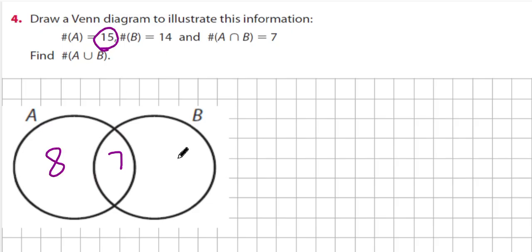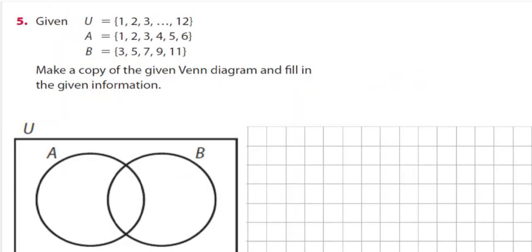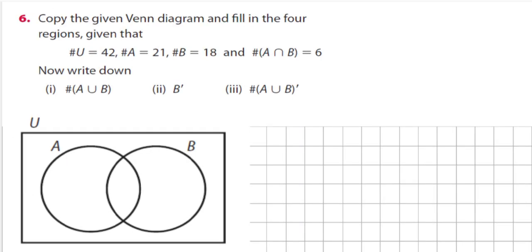You're good. And here? Done. Now, last question. How many in A union B? What happens when you add all three together? 8 plus 7 plus 7? 22. Happy days. Bunch of geniuses.